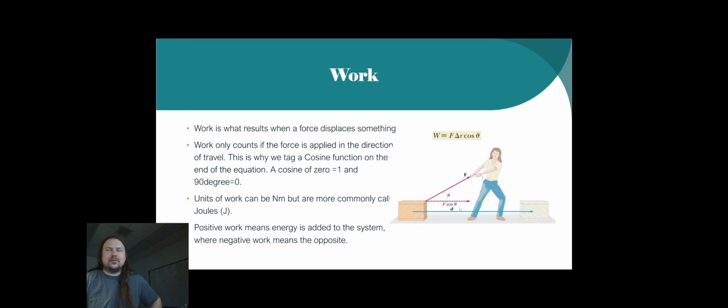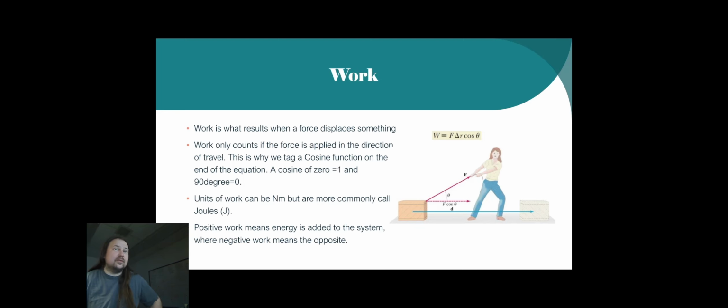And it would be the F cos theta. Of course, if we broke this vector down, there's a vertical component of that force, but that has nothing to do with the direction of travel. Those are 90 degrees apart. So we don't even worry about the vertical portion of that force because it doesn't apply to this.